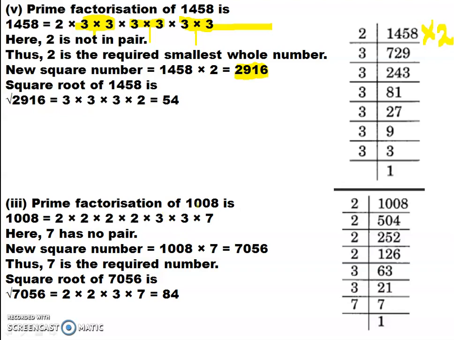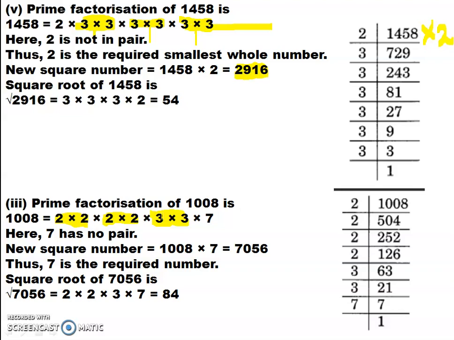One more question. 1008. Here you can see the prime factorization of 1008. Let's see. Here 2 is having a pair. The other 2 is also having a pair. 3 is having a pair. Now who is left alone? 7 is left alone.